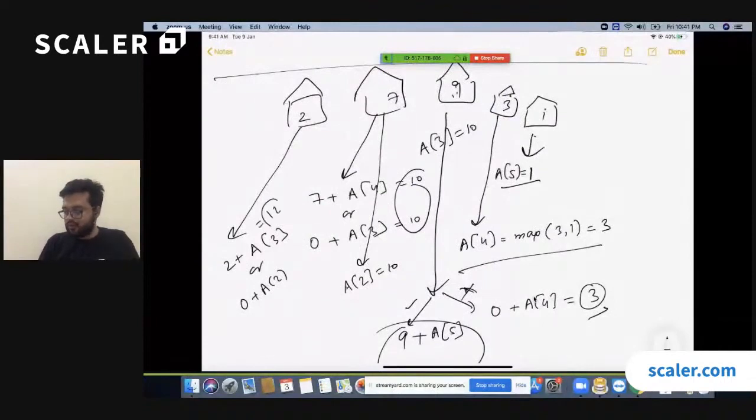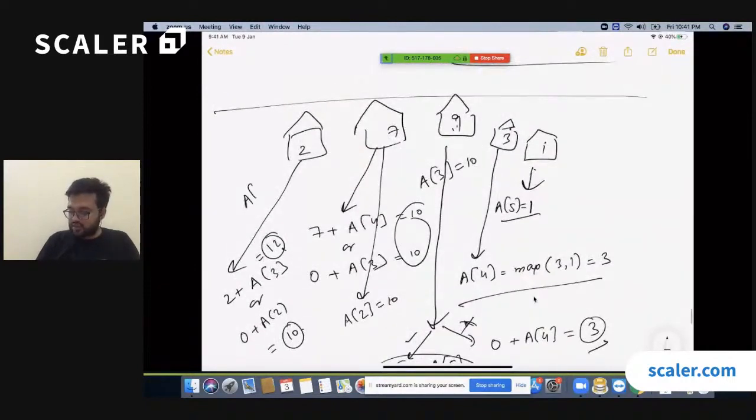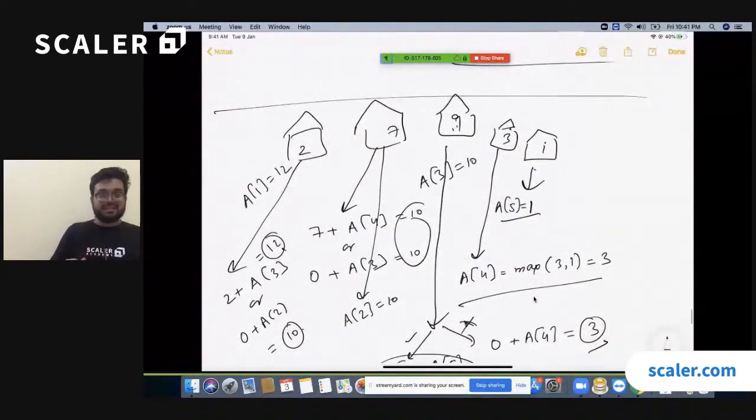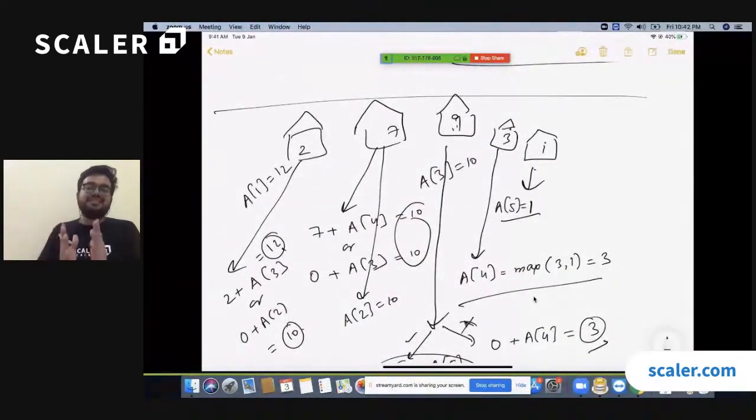So one option is 12. Or 0 plus answer 2, which is 10. The maximum of 10 and 12 is 12. So for the first house the answer is 12, so now you know that if you want to loot from the first till the nth house, the best thing that you can do is get 12 coins.